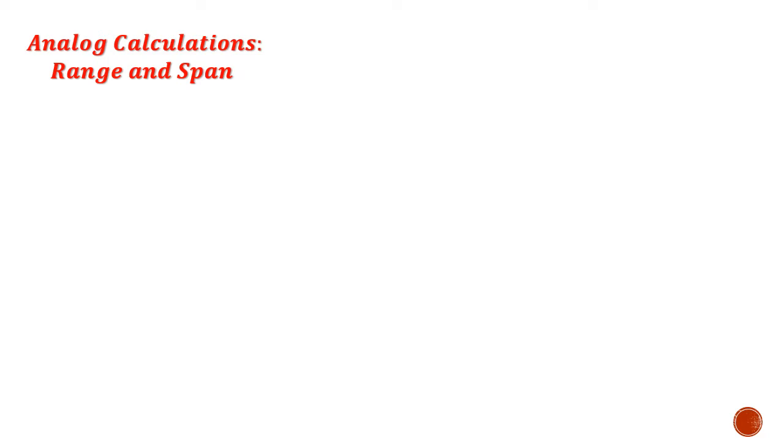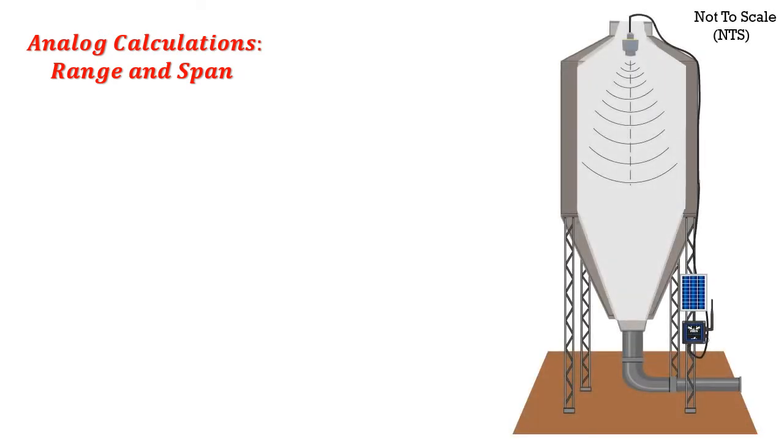So let's take a look at an example, so we can get a better understanding of range and span. Here we have a simple little grain silo. Now, this is not to scale, so as we add measurements, don't worry about it actually being accurate. At the top, we have a radar level transducer.